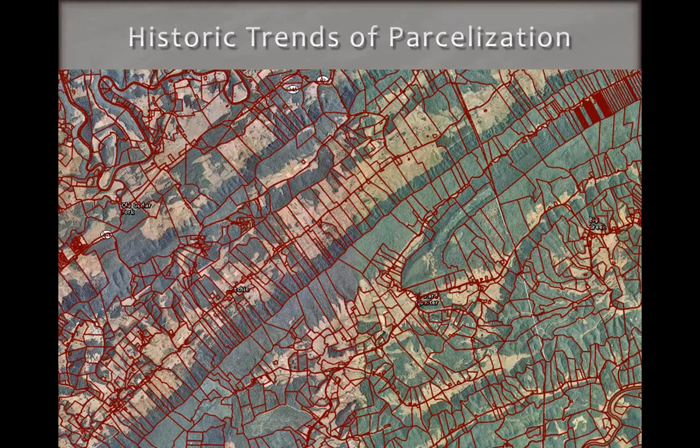The other system I want to talk about is the metes and bounds system that you find in the eastern United States. This is a snapshot from eastern Tennessee, parcel boundaries here over top of an aerial photo. And again, this is several hundred years of land division in East Tennessee. And this type of pattern of subdividing land used natural features to subdivide property, like trees and rocks and ridge tops and streams.